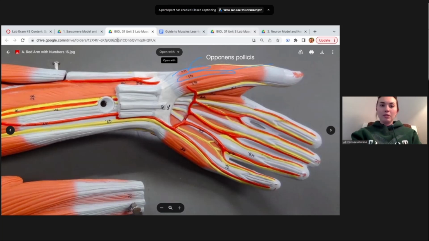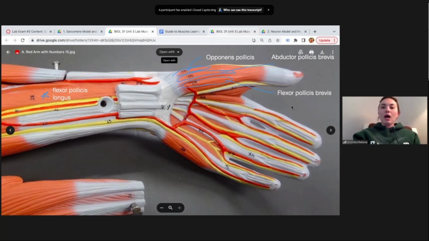41 is going to be the abductor pollicis brevis. And you'll see the longest when we get to the other side. And then flexor pollicis brevis. Like we said right here, this guy here was called the flexor pollicis longus. There's only one exception in all of the muscles where there's not a longus and a brevis. So over here, we have the flexor pollicis brevis.